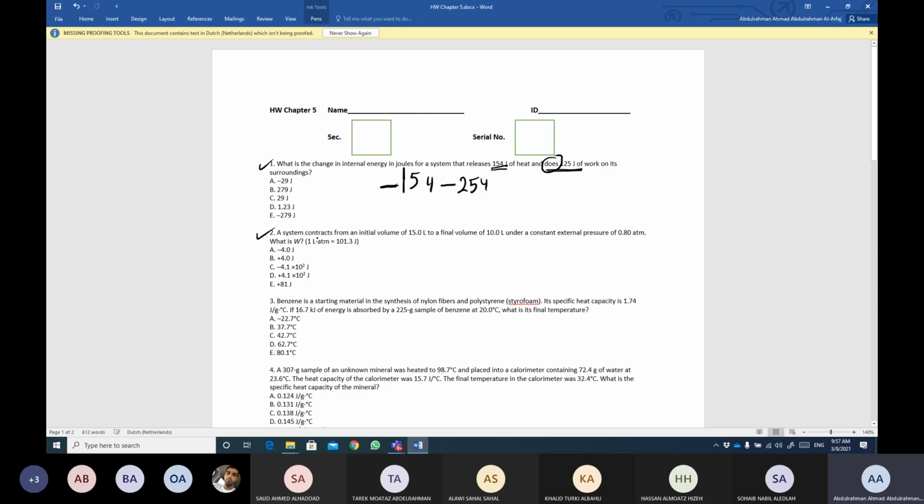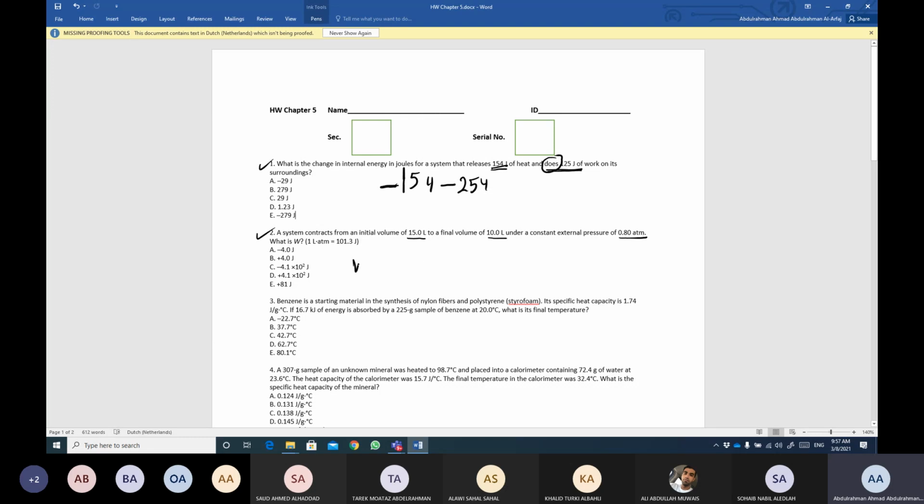Number two, a system contracts from an initial volume of 15.0 liters to a final volume of 10 liters under a constant external pressure of 0.8 atmosphere.